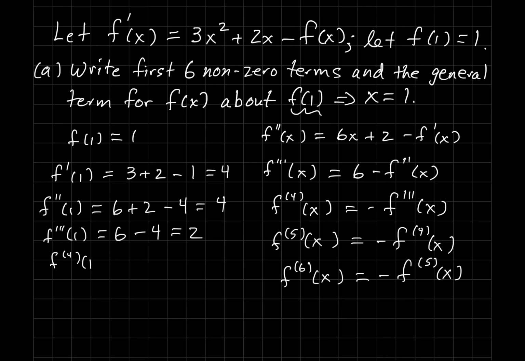The fourth derivative at 1 is the negative of my f triple prime. The fifth derivative at 1 is the negative of my fourth derivative. The sixth derivative at 1 is the negative of my fifth derivative.